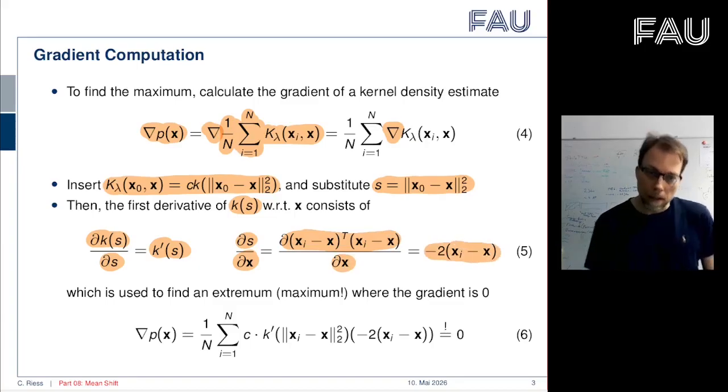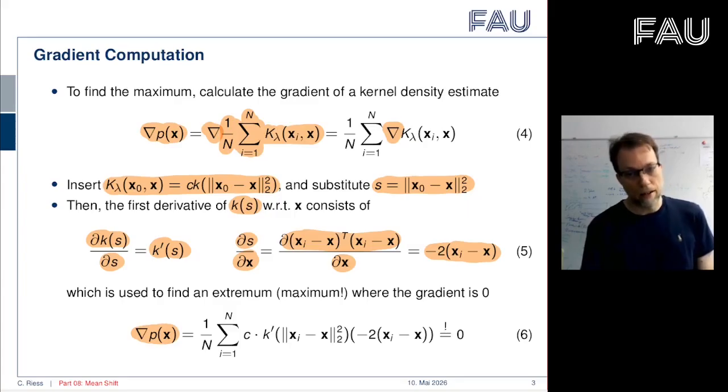Okay, now we can put this together and say the derivative of that density P of x at location x is 1 divided by n, the sum over all samples. This is just our standard Parzen window estimator. We multiply by our constant c. This also doesn't change the world.